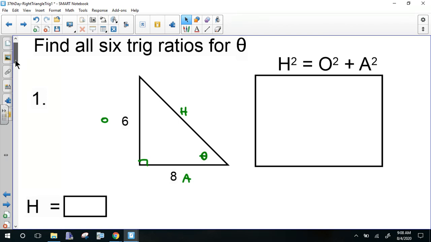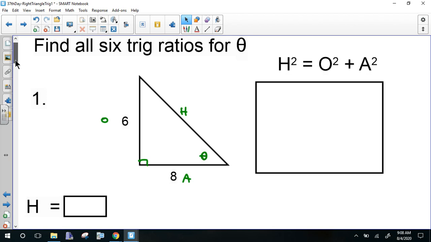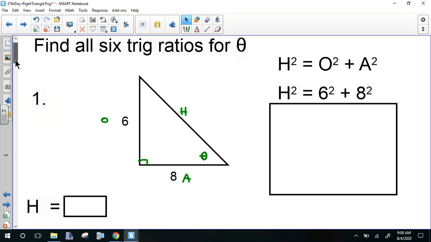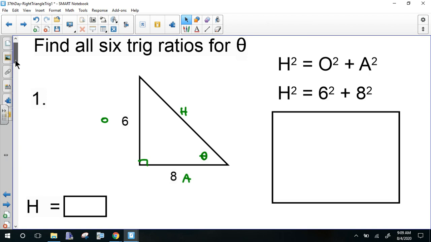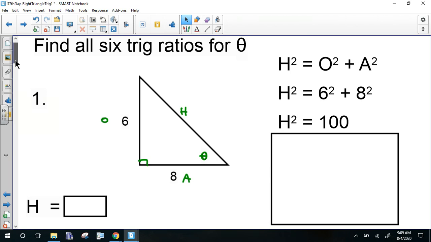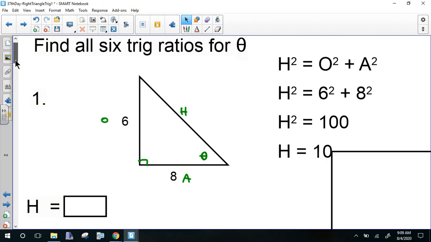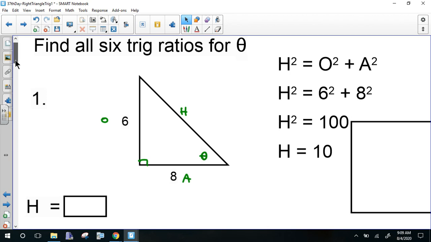So we use a form of the Pythagorean theorem: the hypotenuse squared equals opposite squared plus adjacent squared. We plug in what we know. The opposite is 6 and the adjacent is 8. 6 squared plus 8 squared is 100. If we take the square root, we get 10. So the hypotenuse is 10.